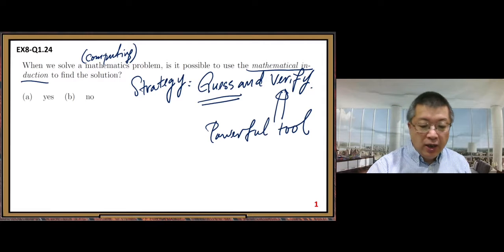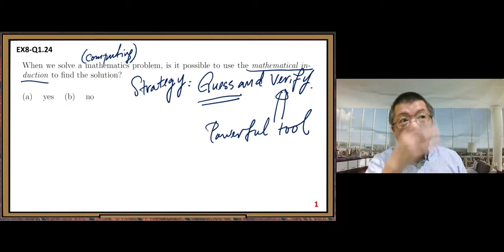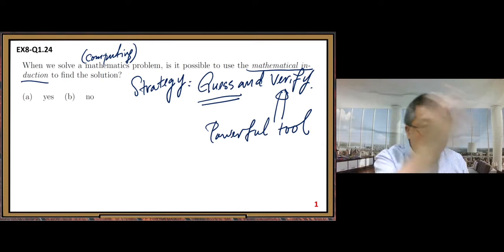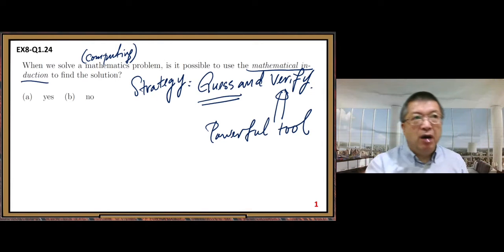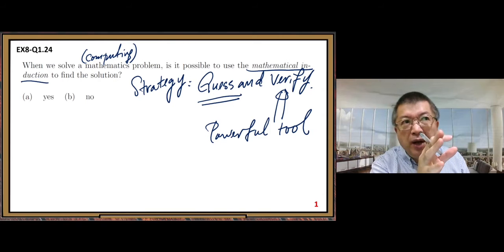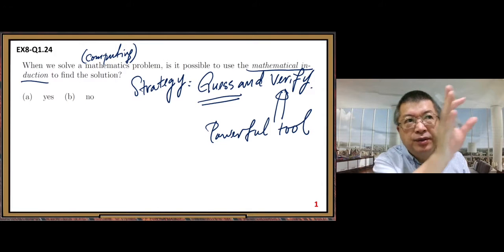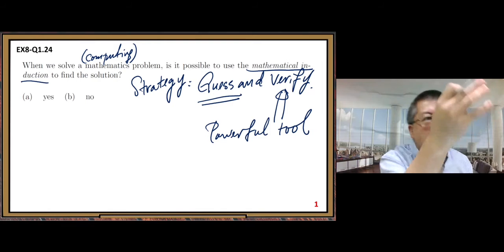Although it looks like you can only verify a given result, you can use that way to find an unknown result.